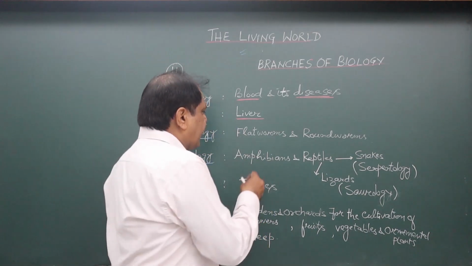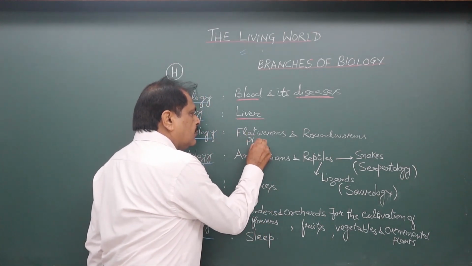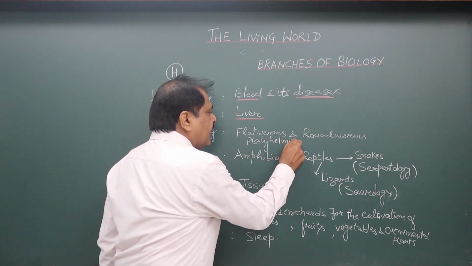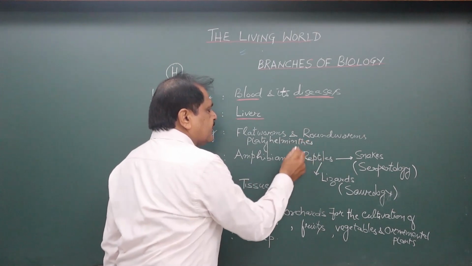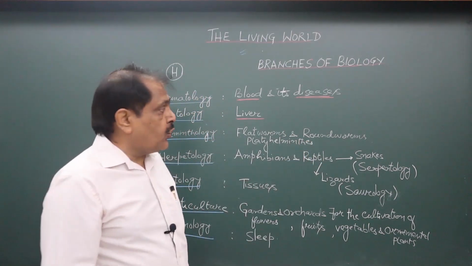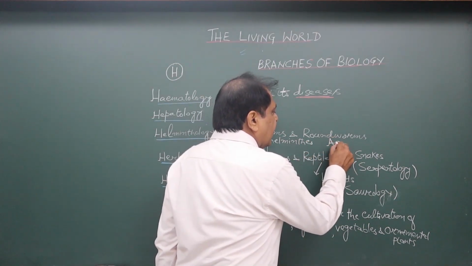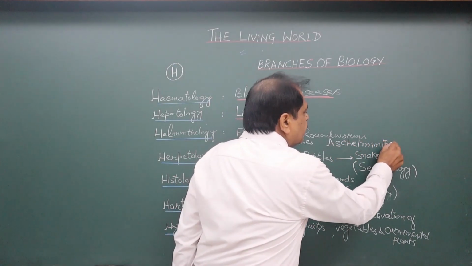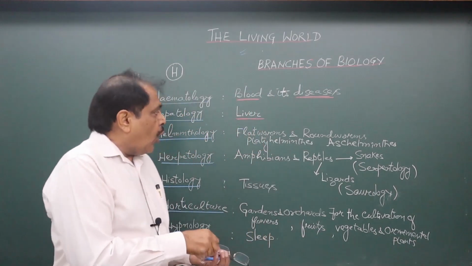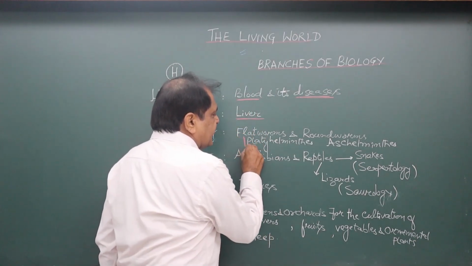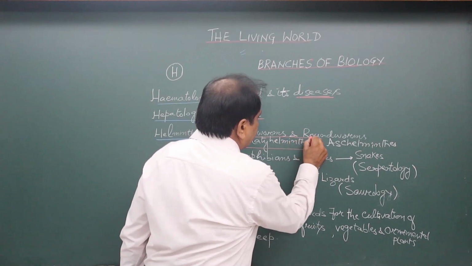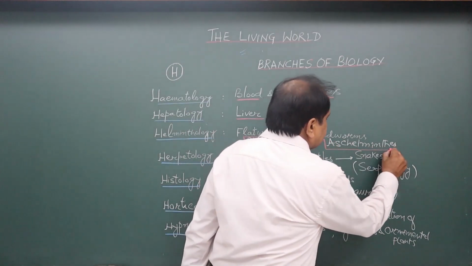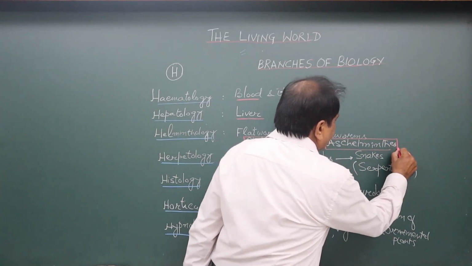Flatworms are included in phylum Platyhelminthes, and roundworms are included in ascalminthes. So platyhelminthes are the flatworms, and ascalminthes means the roundworms.